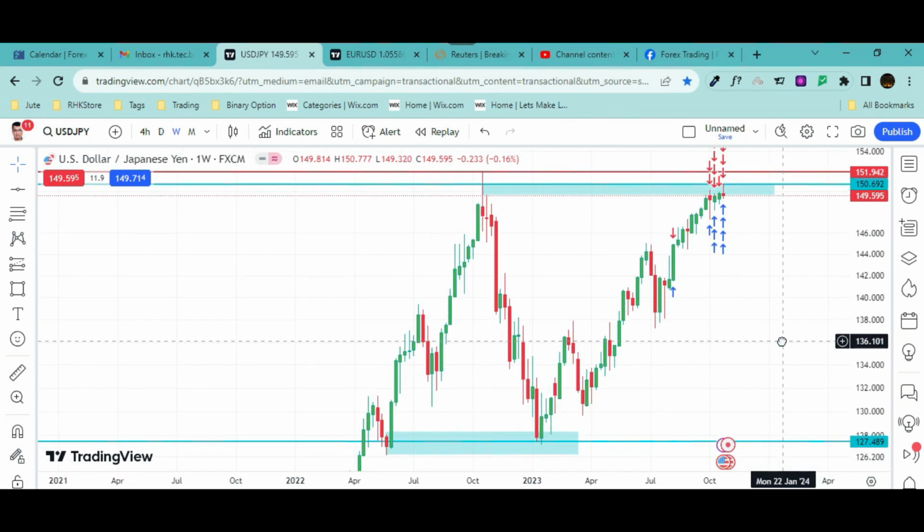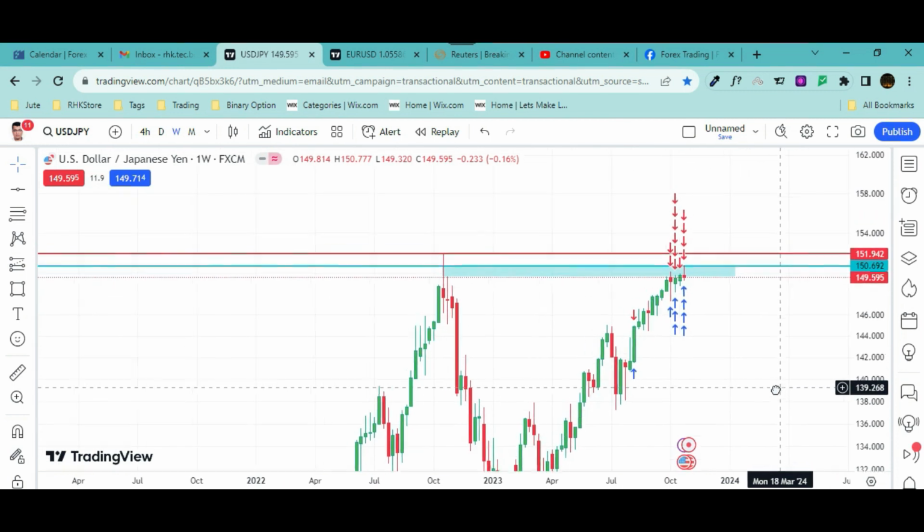Now once a double top has been confirmed, what do we do? We go for reconfirmation. So if we take the short or sell the USDJPY, we don't lose the money. But on the other hand, it can go on the other side.